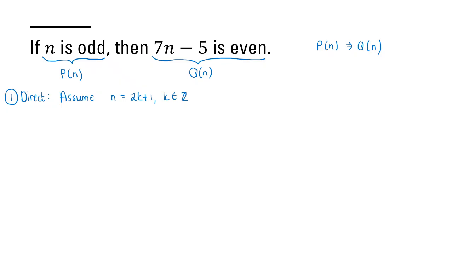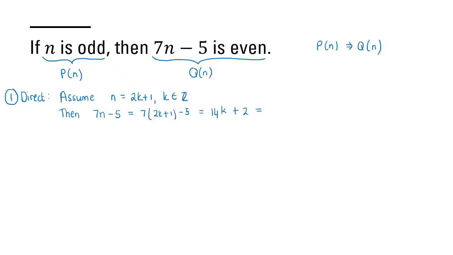So what we are going to do here is expand a little bit on 7n minus 5. Now if we replace our n, we get 7 times (2k plus 1) minus 5. And let's multiply out the brackets. This gives us 14k plus 7 minus 5, which is plus 2.